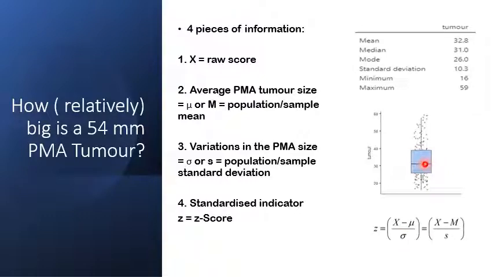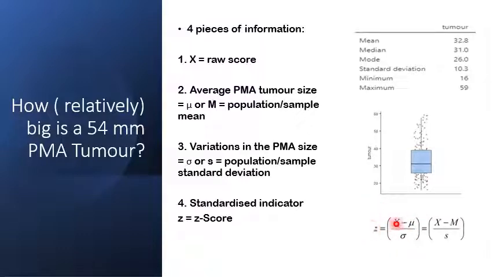So we get how far the tumor is from the average size in terms of numbers and fractions of numbers of standard deviations. So we need four pieces of information to obtain the Z-score. The formula has four pieces of information.